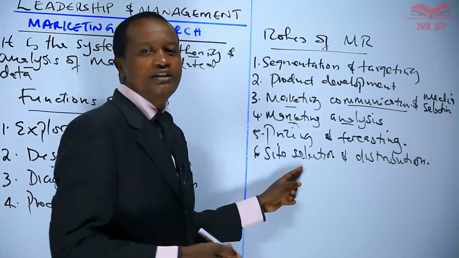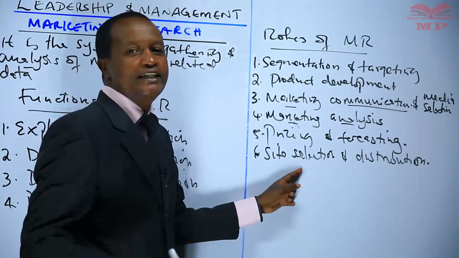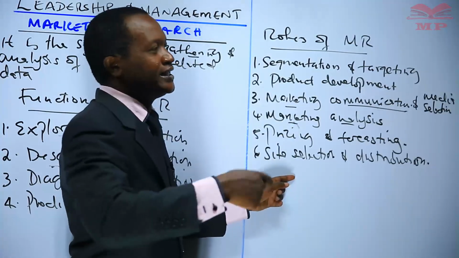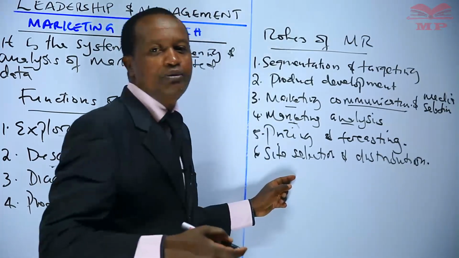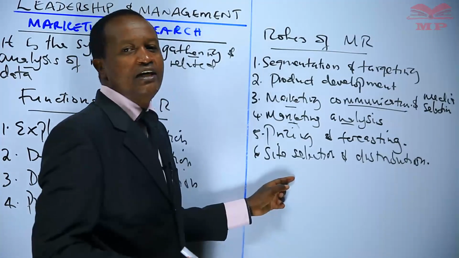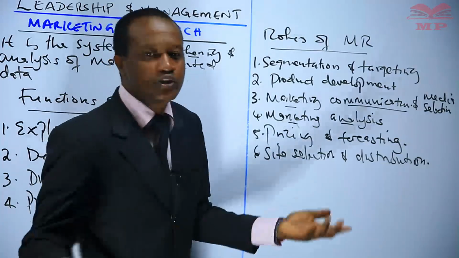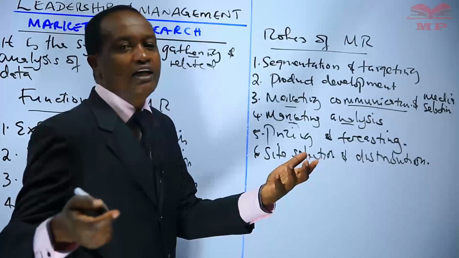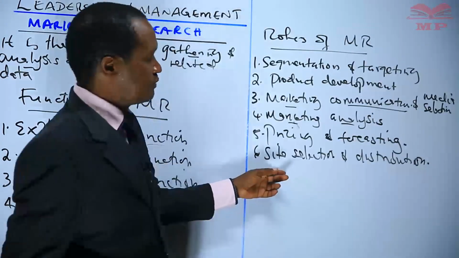And other research studies can also help determine whether a single or a multi-channel distribution system will be most effective, which channels a manufacturer should use, how logistics can be improved, and so on and so forth.